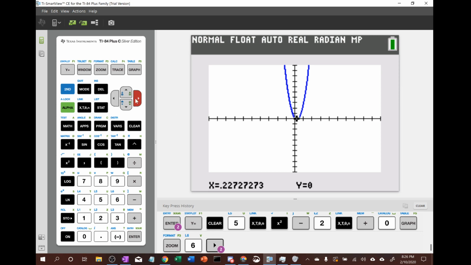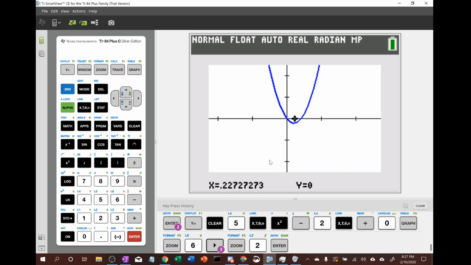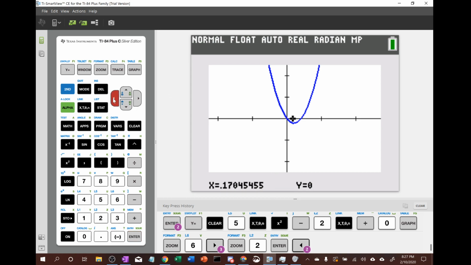Now I really need to zoom in on this vertex here. So I'm going to zoom 2, enter. Now I can actually see my vertex. We can see that the y-intercept is indeed at 0, 0.